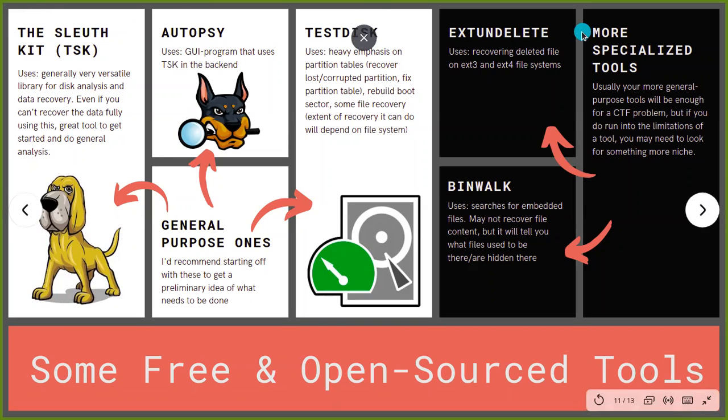But an example of where you might need to stop using your general purpose tools and find something a little more specialized is, let's say you're trying to recover something from an ext4 file system, which is what Linux uses. You could use TestDisk, and TestDisk can find metadata. It can tell you, oh, this folder was recently deleted and this was the name, and here is some information about it.